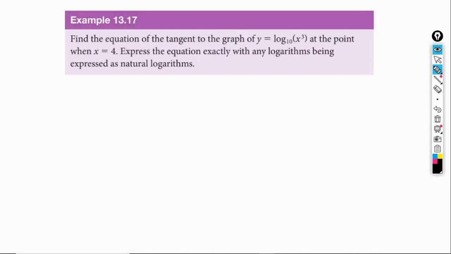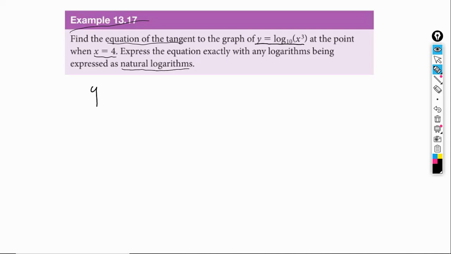Okay, guys, so now we are on example 13.7, and it says find the equation of the tangent to the graph of y equals log base 10 of x to the 3 at the point when x equals 4. Express the equation exactly with any logarithms being expressed as natural logarithms.